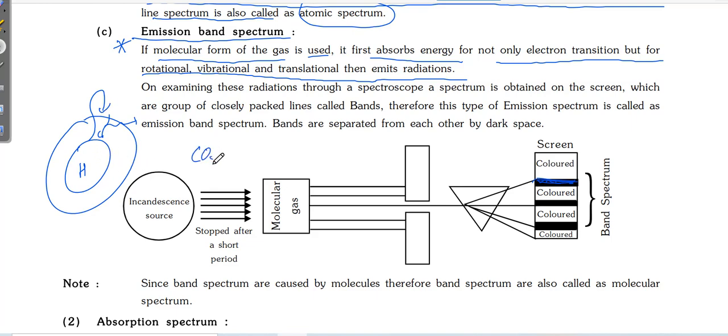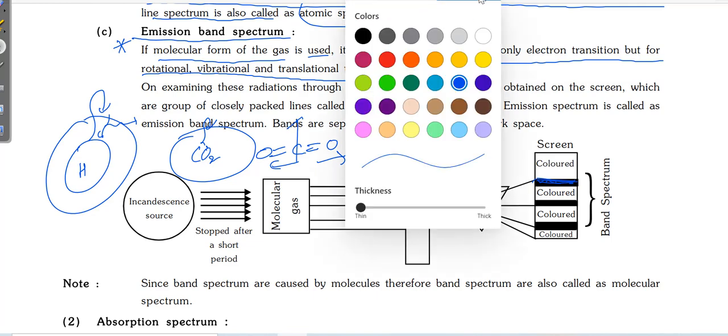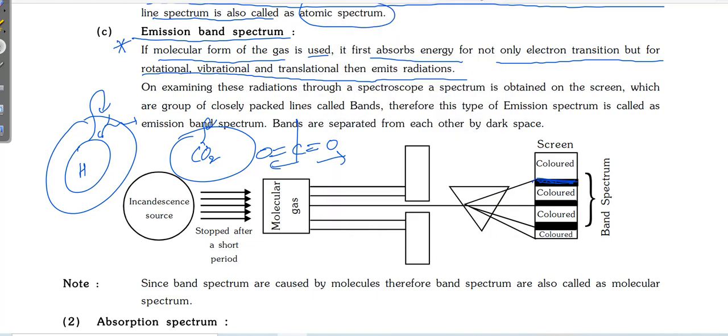But suppose a carbon dioxide molecule is there. It already has electrons, and as well, this molecule, C double bond O, C double bond O, has vibrational and rotational energies, so different energy levels are there.